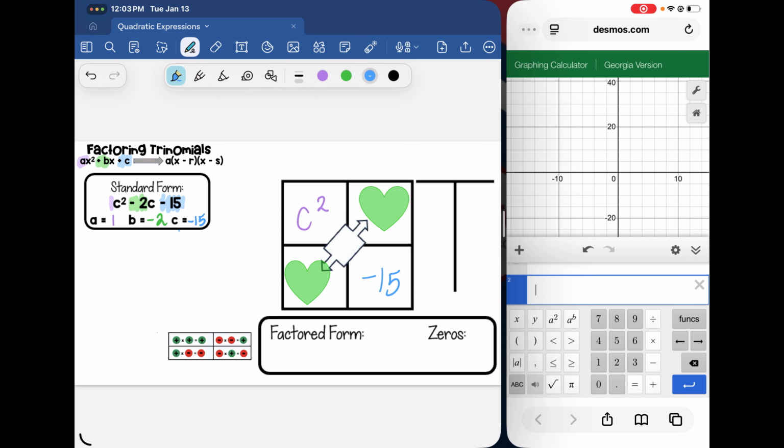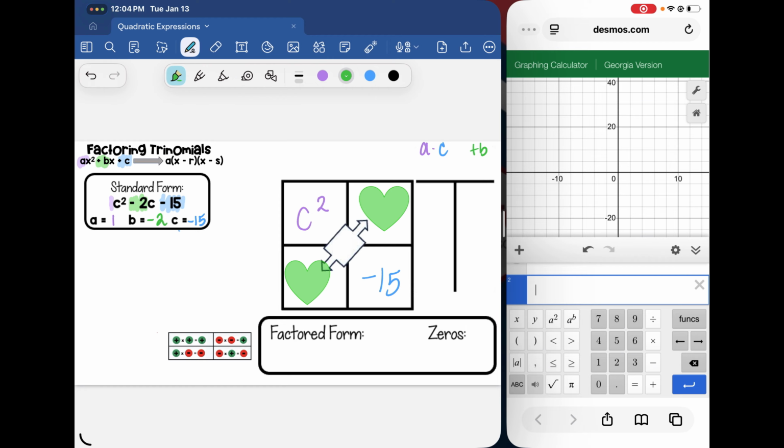All right, so I have to rewrite my b term. That's why I have two little green hearts right here, because I want to rewrite that negative 2 into two terms. Those two terms have to multiply to a times c, and I want it to add up to my b value.